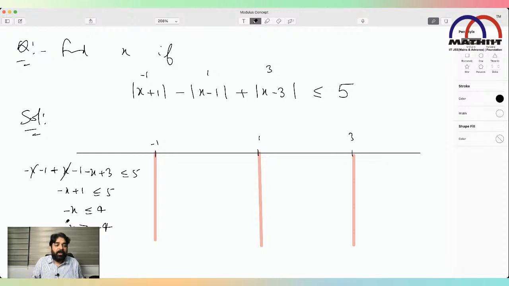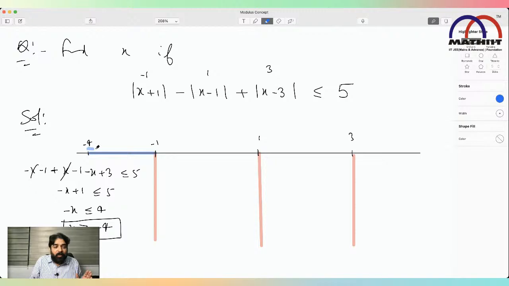Can I accept this? Yes, you can accept it. But there is a point. This is saying x greater than -4. Do you know where -4 is? Here. Watch carefully, everybody. Greater than means the right side, so I'm moving to the right side. But I cannot cross this boundary.